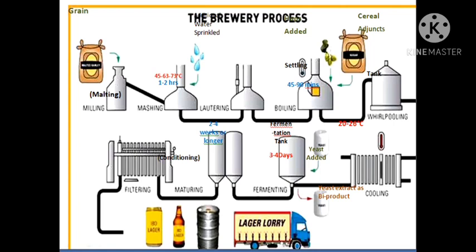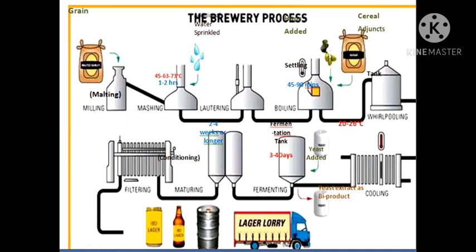whirlpooling. Then it comes down to the cooling section. After the cooling section, there are fermentation tanks, because when you ferment, the liquid should be cold, and then we have to add some extra heat. This process takes 3 to 4 days.